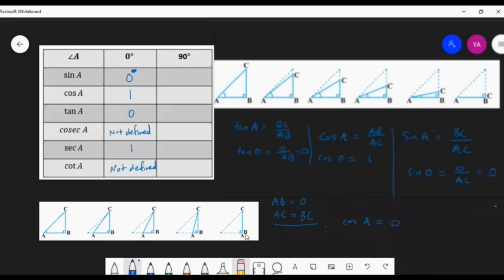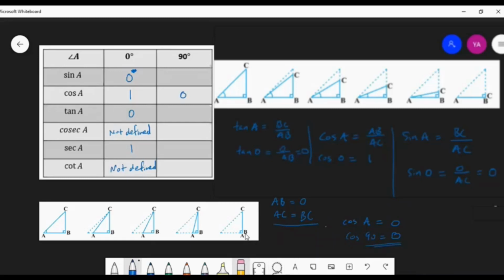At that time, angle A will be 90 degrees. So cos 90 will be 0. Okay, so we can write in the table cos 90 is equal to 0. And what will be sin 90 in this picture?